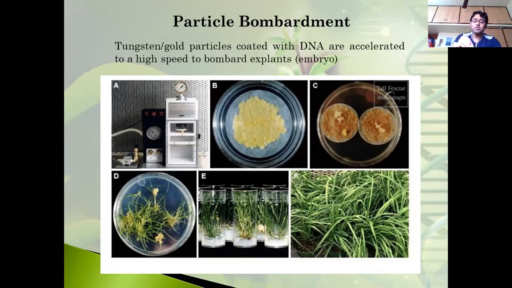In the particle bombardment method, there are some macrocarriers and microcarriers on a filter-like thing, and on this macrocarrier we coat the DNA or plasmid with the gold or tungsten particles. That tungsten-coated DNA will be placed here.